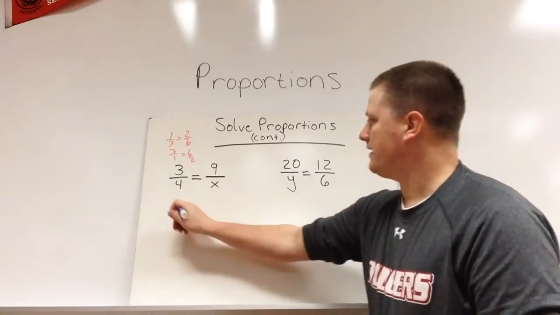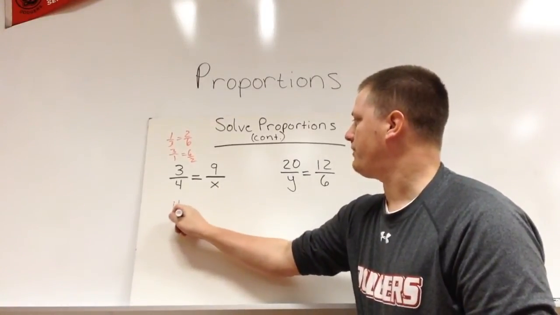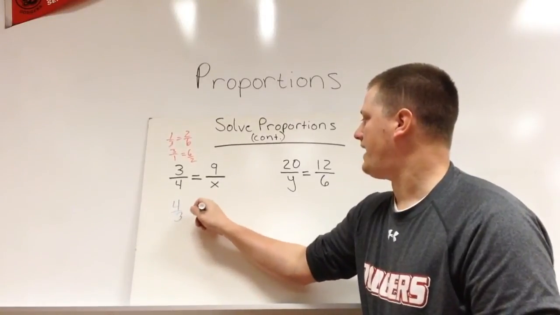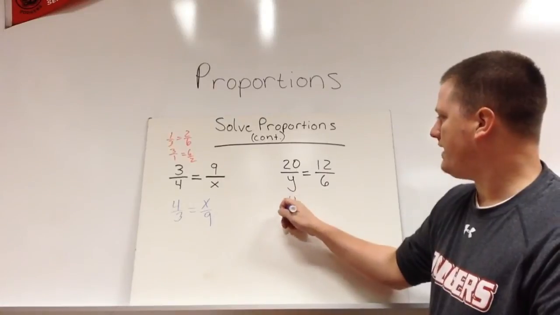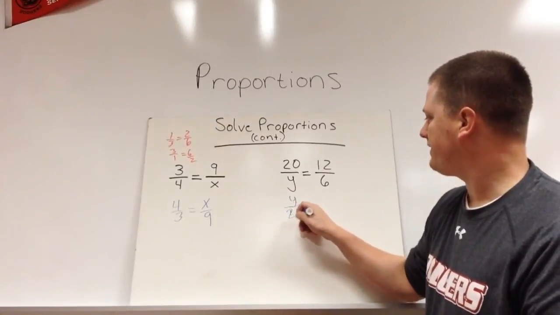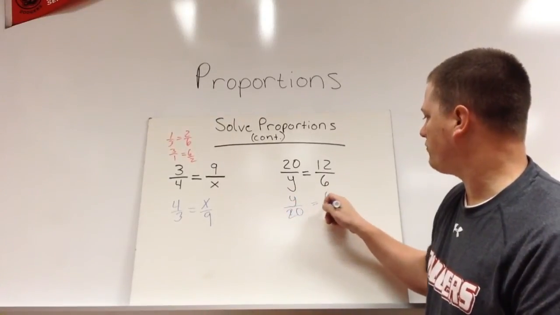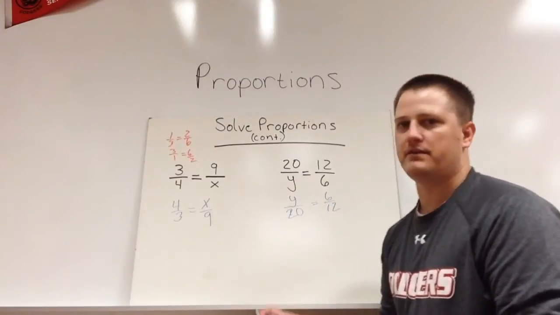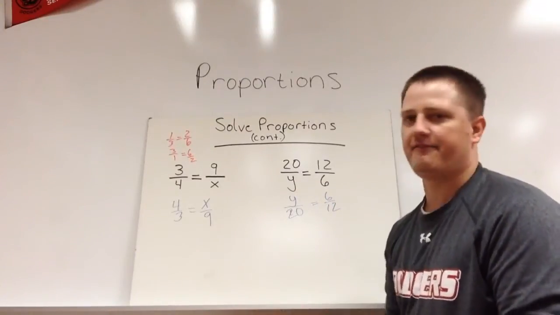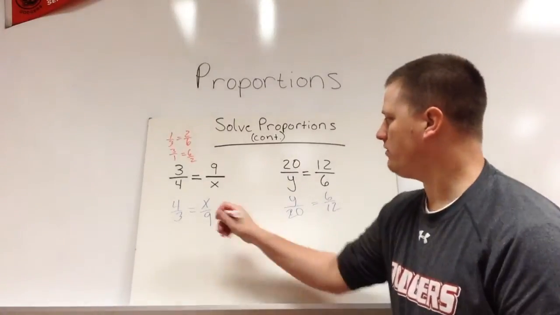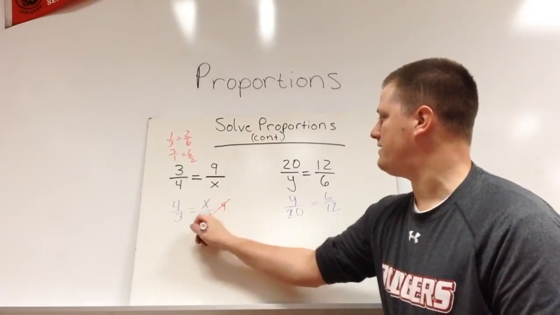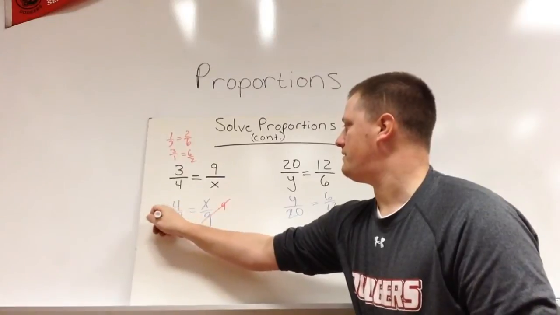So this problem here becomes 4 over 3 equals x over 9. This problem here becomes y over 20 equals 6 over 12. And in each of these situations, we now have a problem like the previous setup. So we just go about times by 9, times by 9.